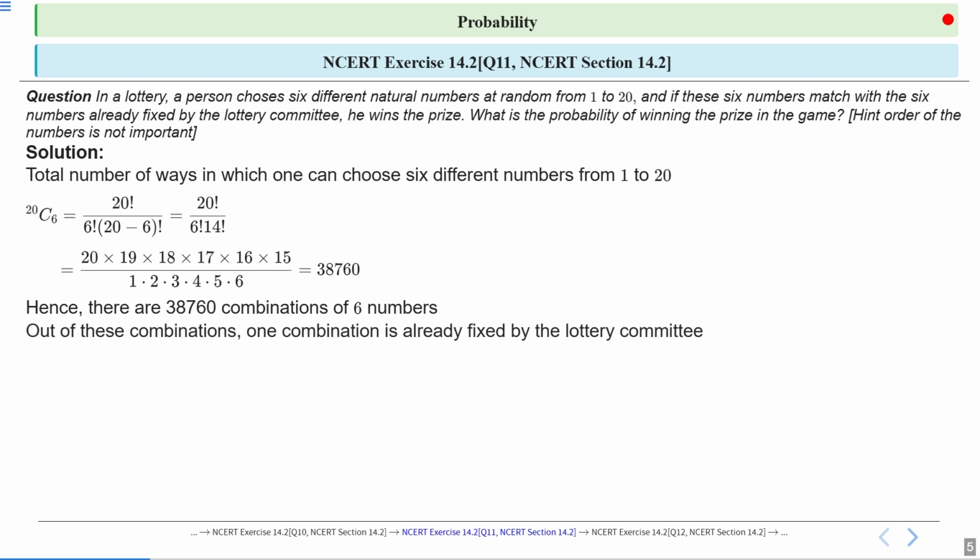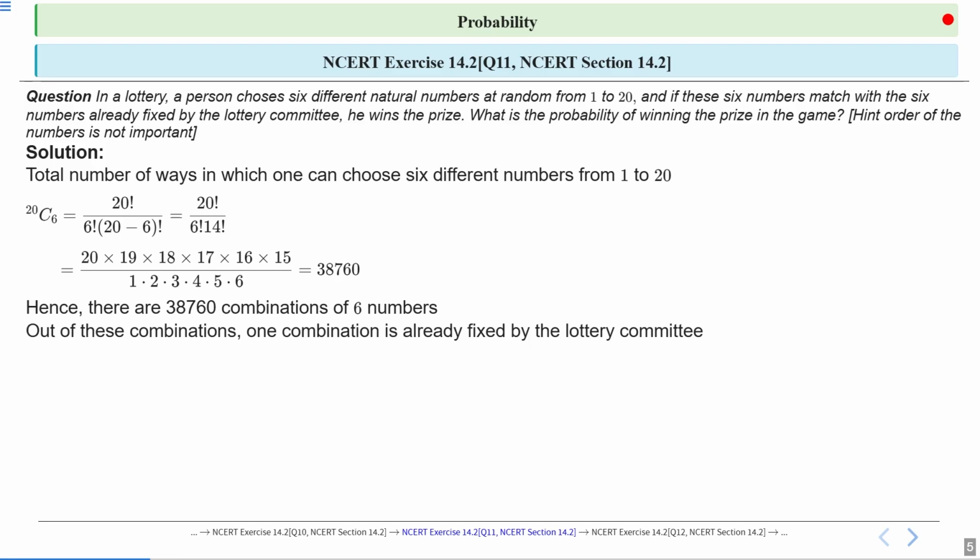Out of these combinations, one combination is already fixed by the lottery committee. In this question, if these 6 numbers match with the 6 numbers already fixed by the lottery committee, then he wins the prize, and we have to find the probability of winning the prize in the game.